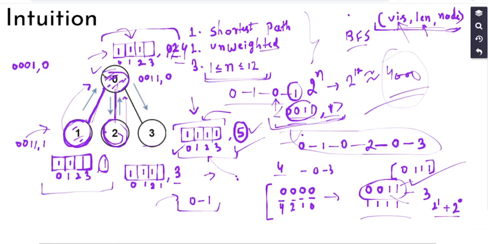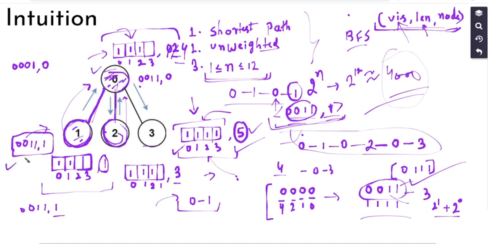Now if I traverse node number 1 again, if I try to push node number 1 again, the pair for node number 1 will be 0 0 1 1 1, because we have visited node 0 and 1, and 1 is the last node, while we already have this node pre-computed.